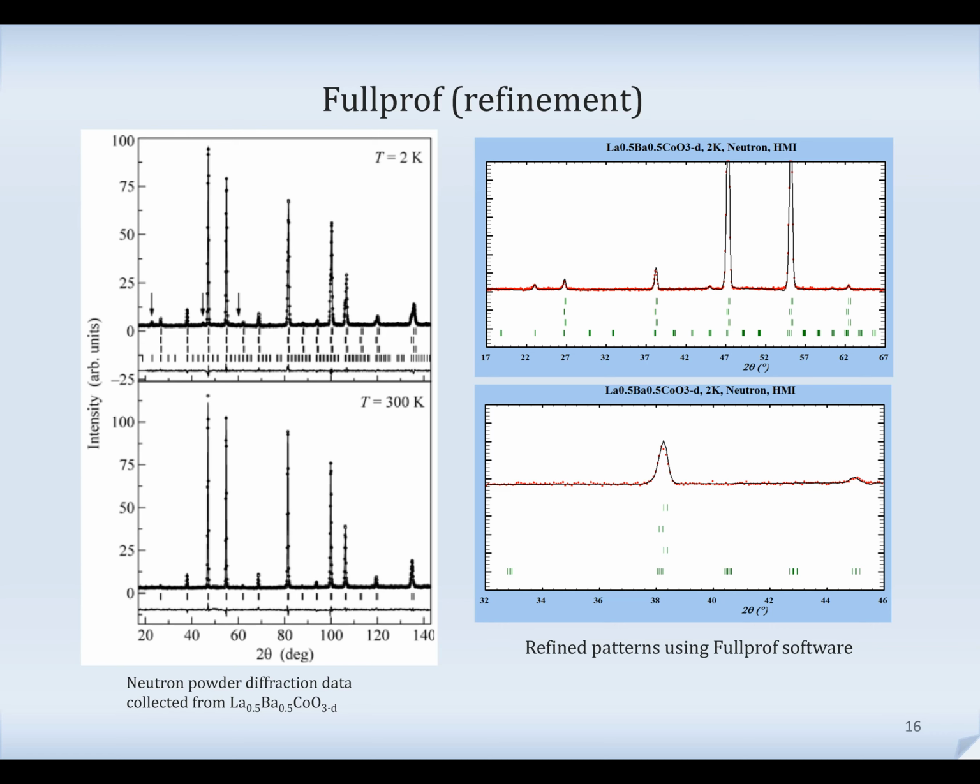This was really important because one crystallographic phase belongs to antiferromagnetic order and another one to ferromagnetic. It's very weak, but it's important.